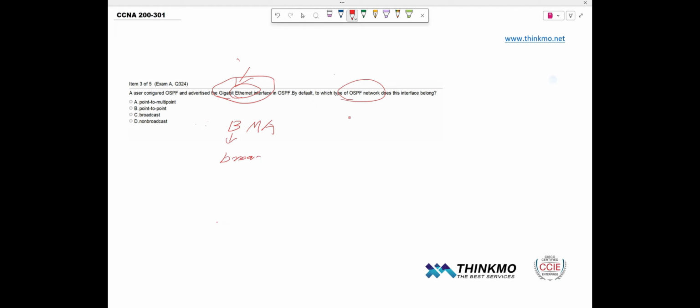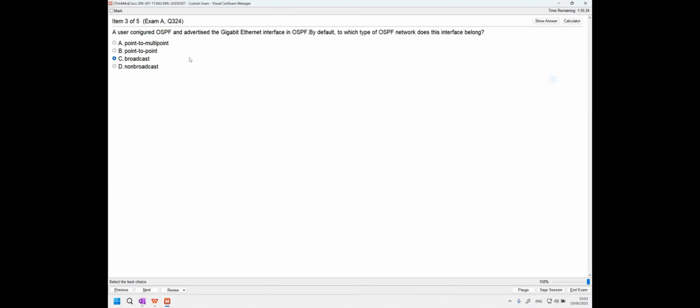The broadcast type corresponds to option C, right? As for point-to-multipoint, point-to-point, and non-broadcast multi-access, those aren't correct. This is a real broadcast scenario, so that's not it. The correct answer is C. Broadcast multi-access. Okay, next question.